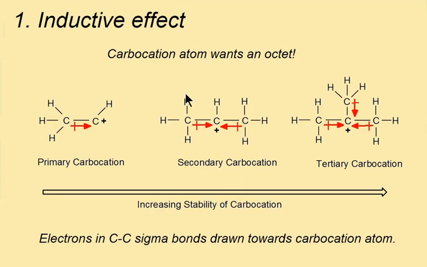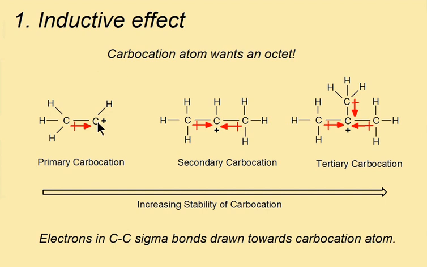The first one is the inductive effect. That carbon with the carbocation charge and an incomplete octet is formally positively charged and electron hungry, and it draws the electrons in those carbon-to-carbon bonds closer to it to offset that instability and take the edge off the charge.